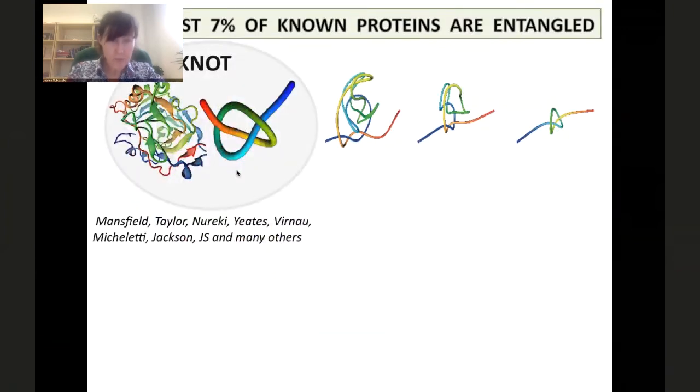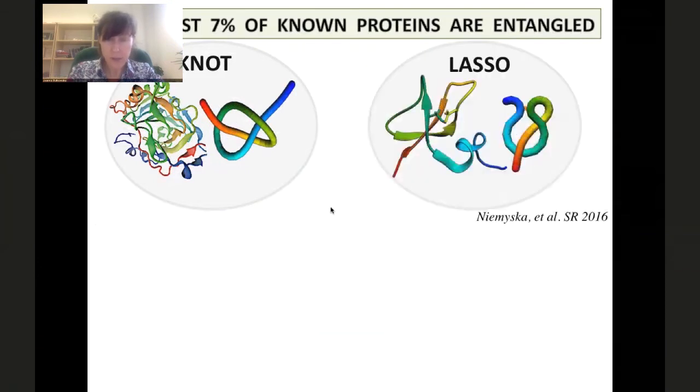However, today, due to many people, for example, Mansfield, Taylor, East, Virnau, Cristian Micheletti, and Sophie Jackson, we know that knotted proteins exist, and we know as well that not only can proteins make a knot, we can also find that proteins can form lassos, and I will talk about the lasso later on.